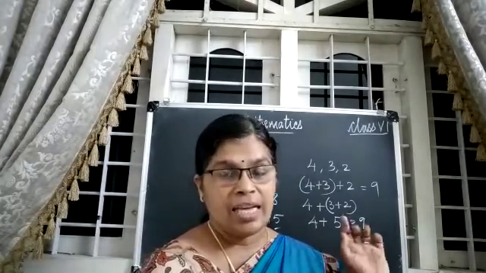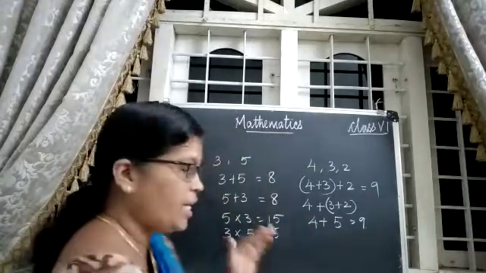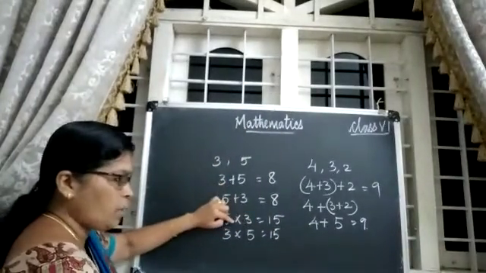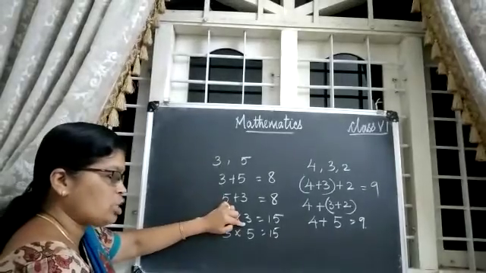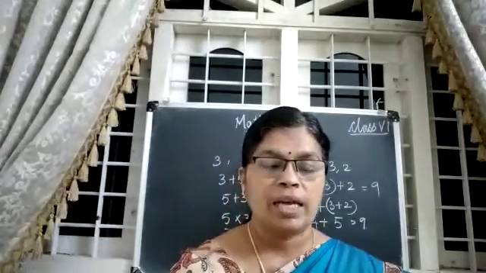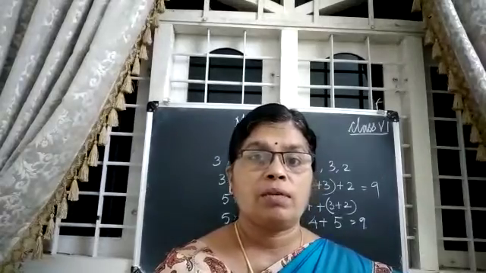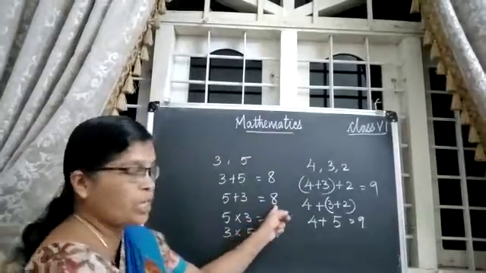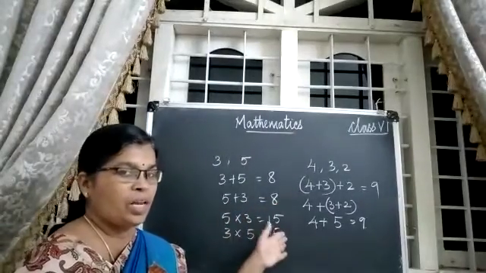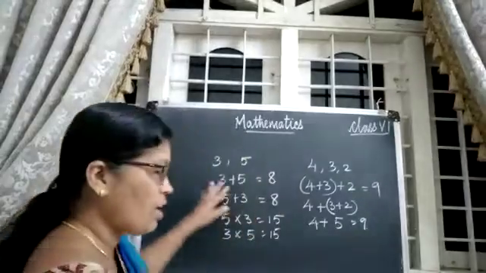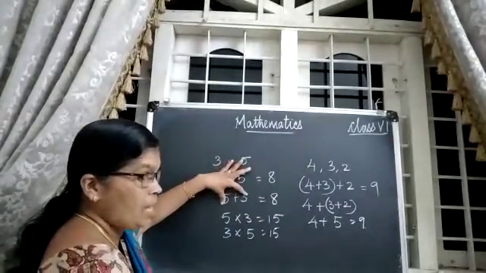It is written as an expression where 5 and 3 are added, and 5 and 3 are multiplied. So we got the answer very fast. 5 plus 3, we know the answer is 8. 5 into 3, we know the answer is 15. Right? So these are called numerical expressions.